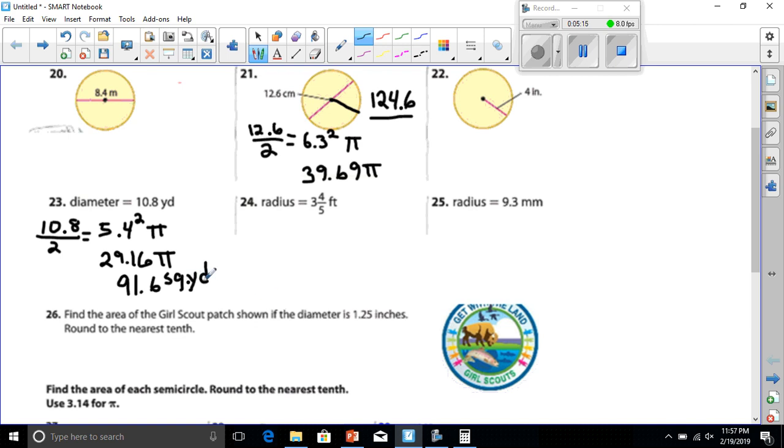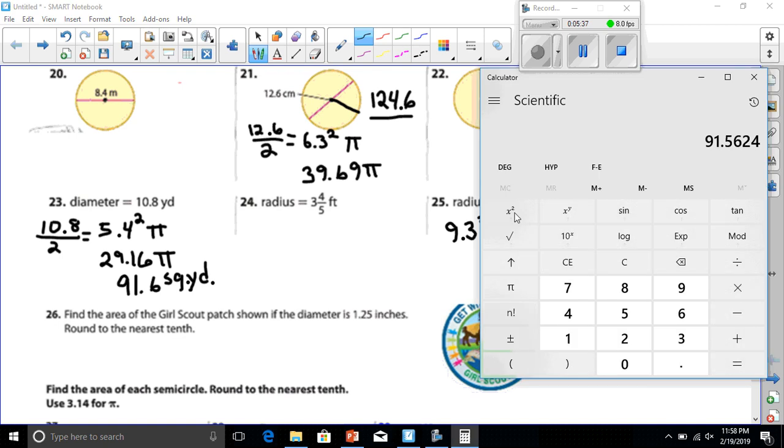Okay, let's try number 25. This time they give us the radius. So the radius is 9.3. Well, that's what we were looking for. We always want the radius. So this is going to be nothing more than 9.3 squared, and then we're going to multiply it by pi.